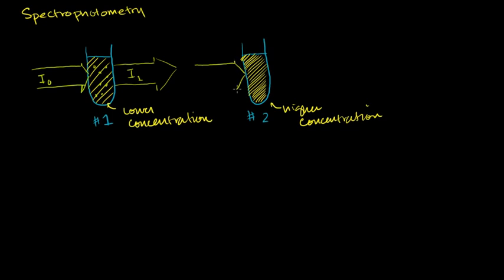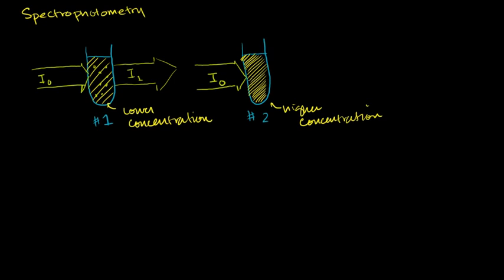Now, if we shine the same amount of light, I0, into this beaker, at the same intensity, what's going to happen? More of those specific frequencies of light are going to be absorbed as the light travels through this beaker.